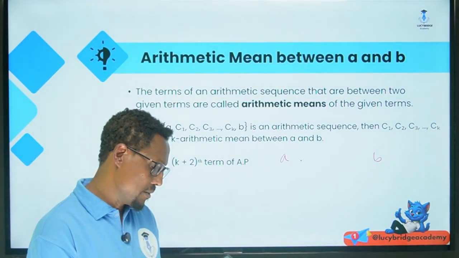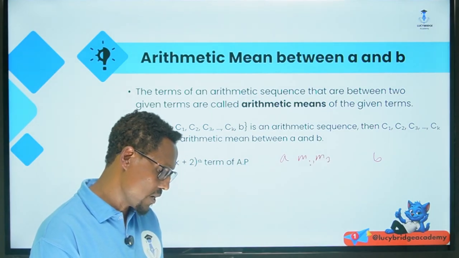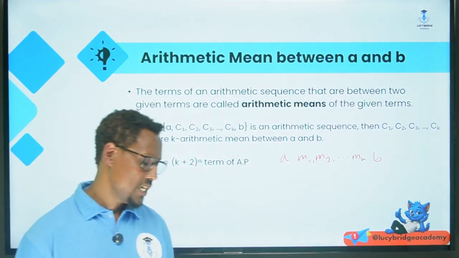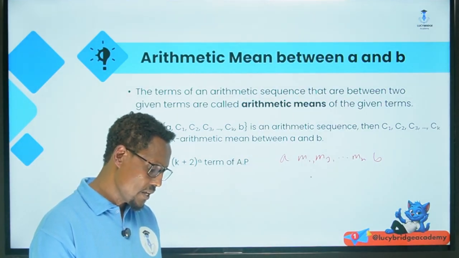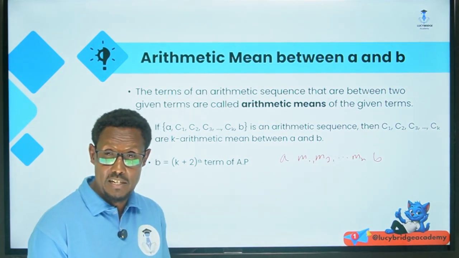So let me say M1, M2, M3, up to Mn. N number of terms ማስገባት እንችላለን. So the terms will be M1, M2 up to N terms, plus two terms, the first and the last, A and B.